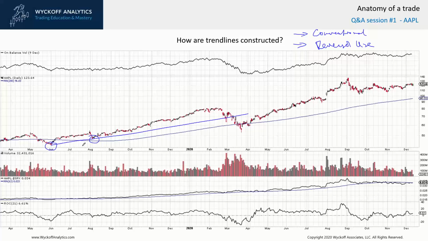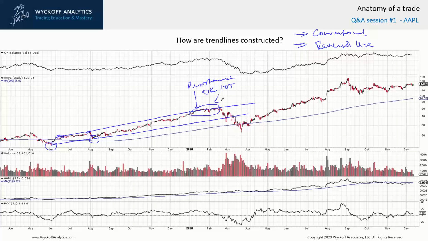Then you look for a significant high between these two significant low points, and you draw a parallel line. You want to see that this parallel line in the future is going to act as a resistance, and it's going to identify an overbought condition when the price overcomes it.